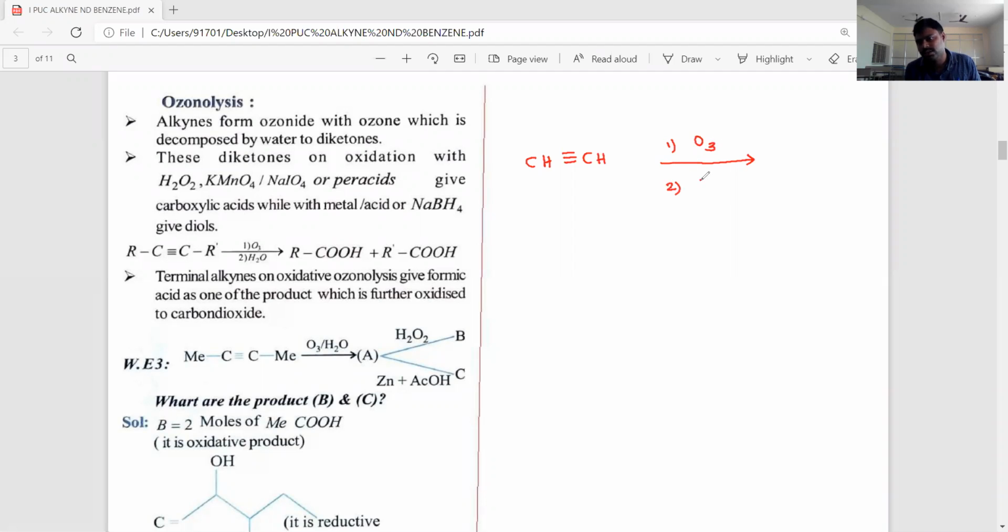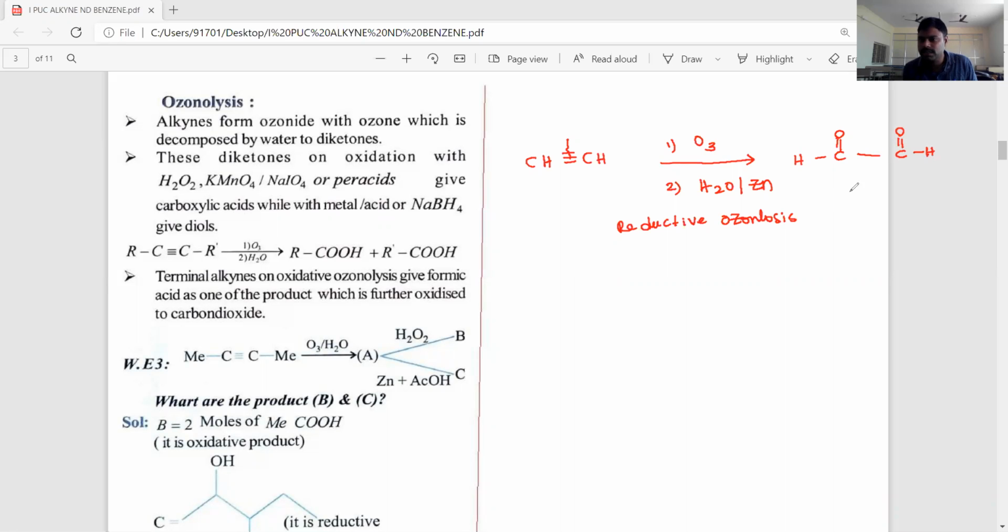The second step is hydrolysis in the presence of zinc metal. Then it is called reductive ozonolysis. The product has 2 carbonyl groups, meaning the triple bond breaks and we get CHO and CHO.